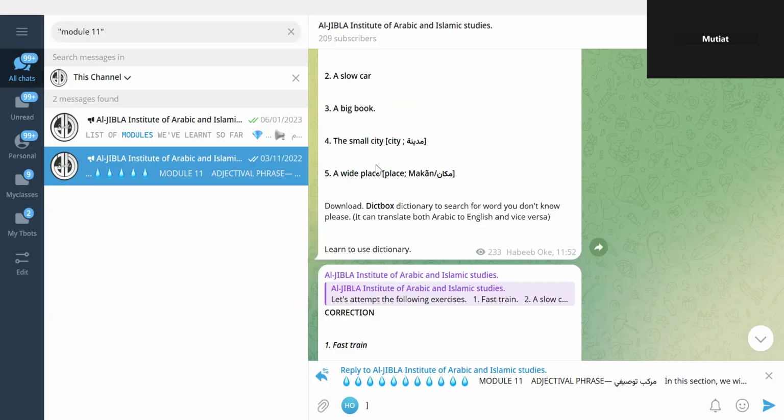So, Al-Madinatu as-Saghira, the small city. A wide place. Makan wasi'.